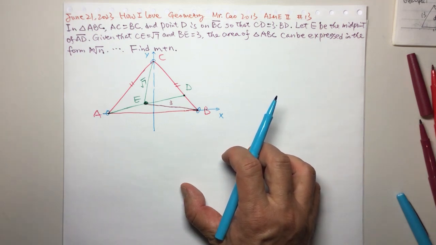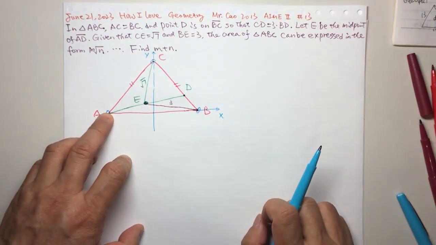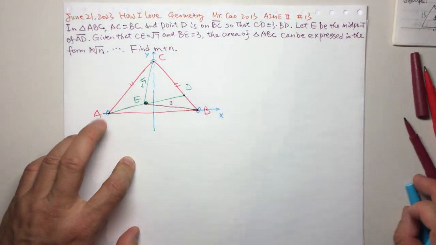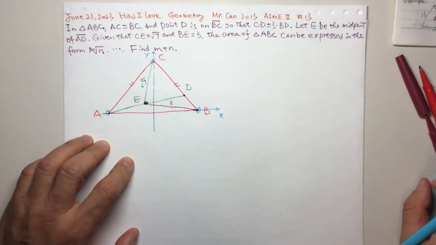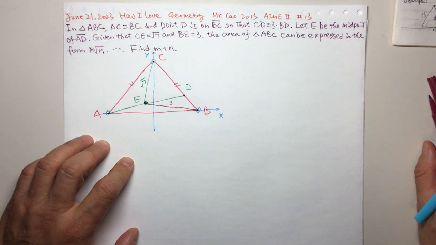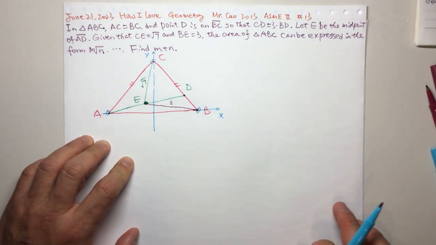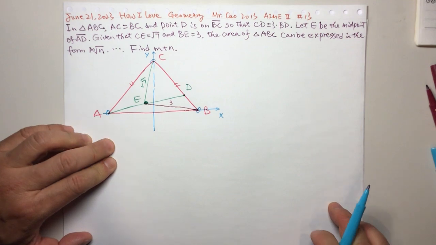Then we just solve the equations and find the base and the height. Then we will find the area of triangle ABC. So I don't think it's very hard for us to get this idea, right? Okay, let's go.